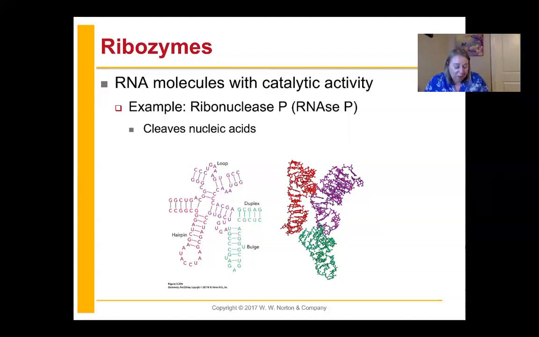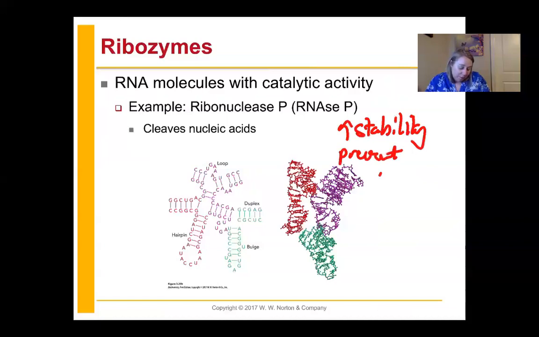Because of all this overlapping and complementary double-strandedness, it leads to increased stability. You have increased stability, you prevent autocleavage that we talked about, because that OH is protected.